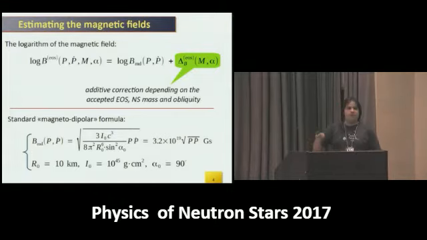And finally, we can calculate the distribution of this correction adopting some equation of state, and hence calculate the distribution of the magnetic fields for an individual pulsar, just assuming that the distribution of this delta B is universal and is the same for every pulsar. So this is the idea, to use this correction not in a deterministic way, but in a statistical one.